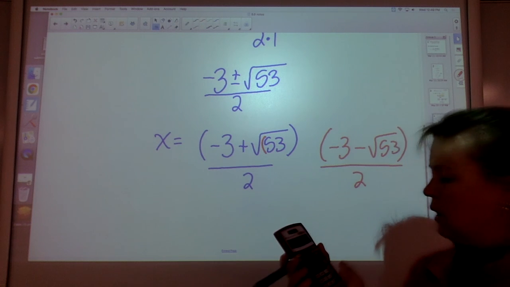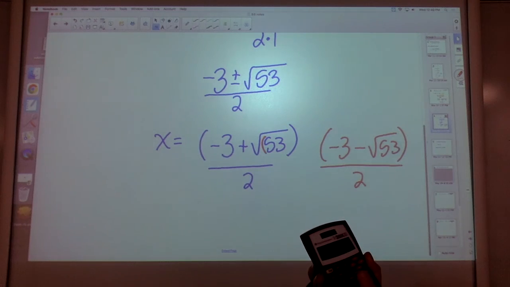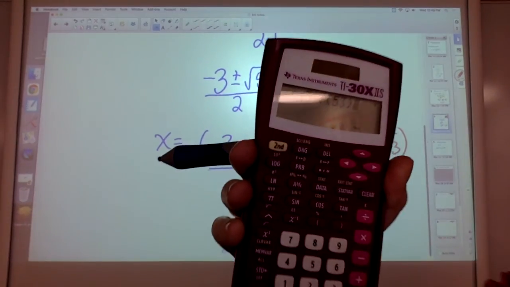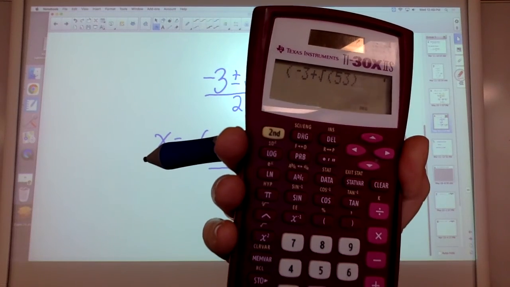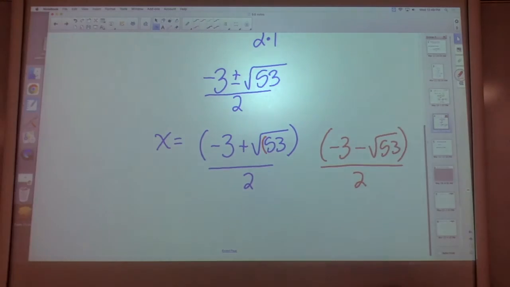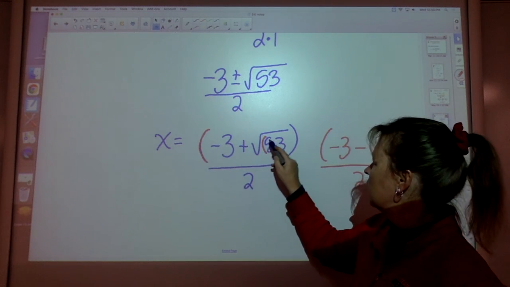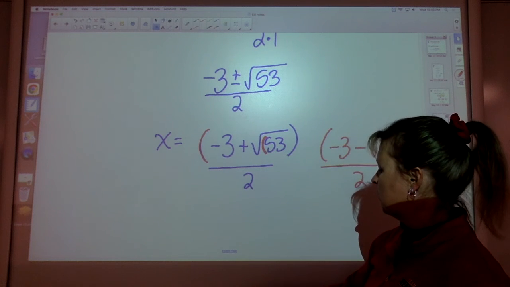Left parenthesis, -3 plus square root 53, parenthesis. If you look at what I just put in the numerator, there are 2 left parentheses, but only 1 right parenthesis. We can't have 2 left parentheses and then only a single right parenthesis.